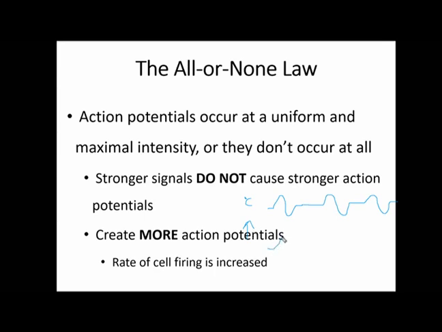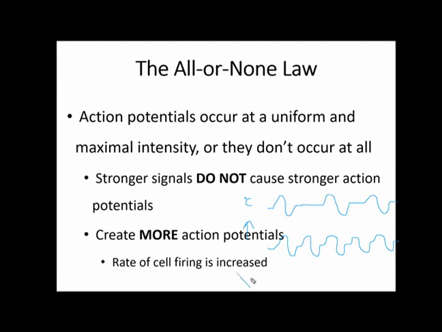That's going to start looking like the same sized action potentials, so they're not any higher. Any differences are just me drawing them with a mouse. But instead of having these gaps in between, now we're just going to see them firing as often as they can. So a more intense signal just means that we see more action potentials in the same amount of time.